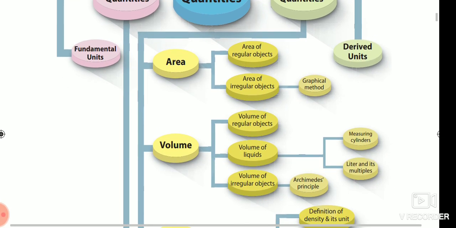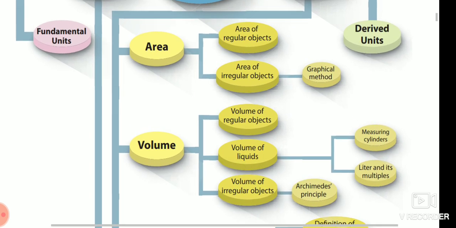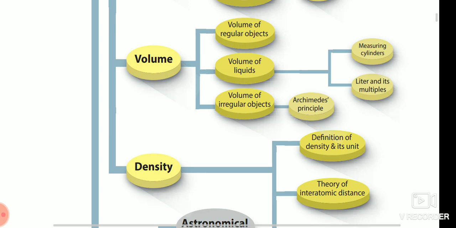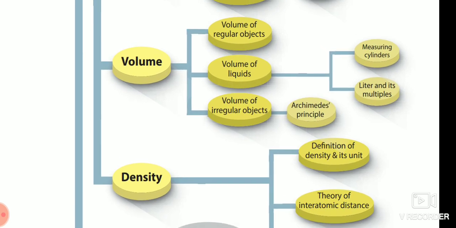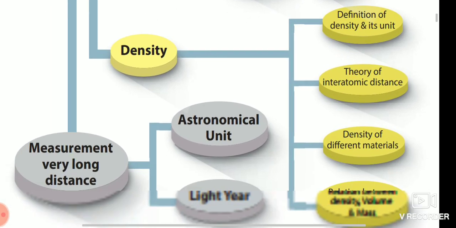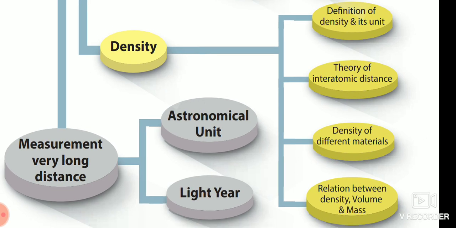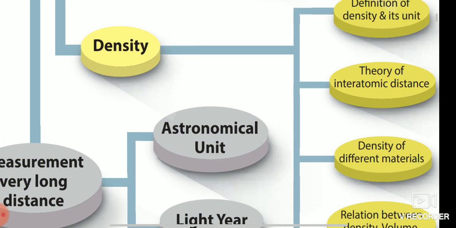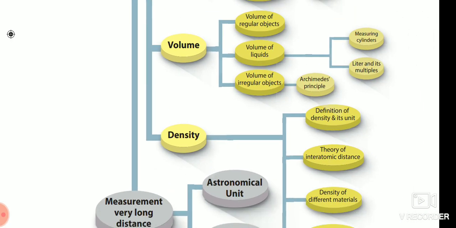Then volume of regular objects, volume of liquids, volume of irregular objects. Then Archimedes principle, measuring cylinder, liter and its multiples. Then we will study density. Then astronomical measurement of very long distances, that is the astronomical unit or light year. So this flow chart is given, mentioning all of measurement.